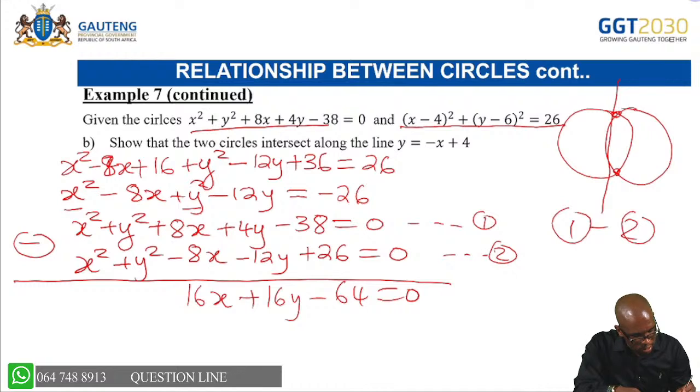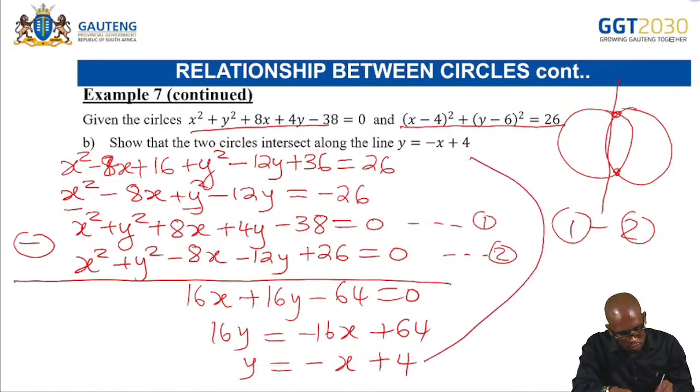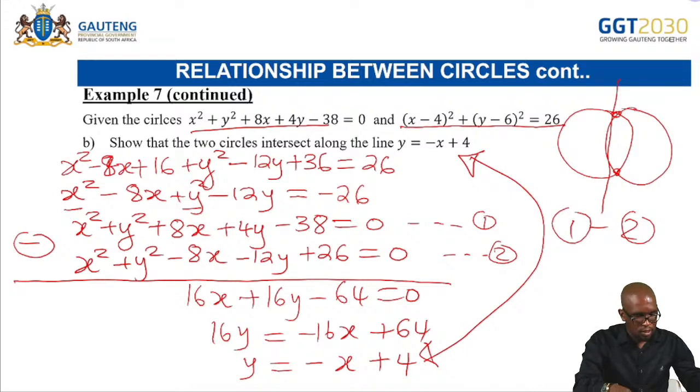Now, if we write this in standard form, we get 16y is equal to minus 16x plus 64. Dividing by 16, we get y is equal to minus x plus 4, which means that we've shown that the line of intersection in this case is y equals minus x plus 4.